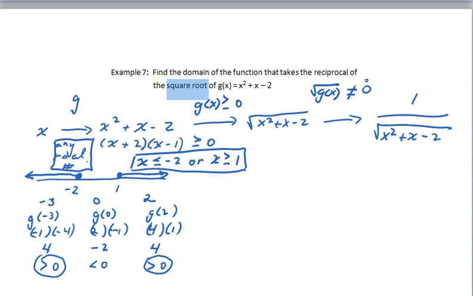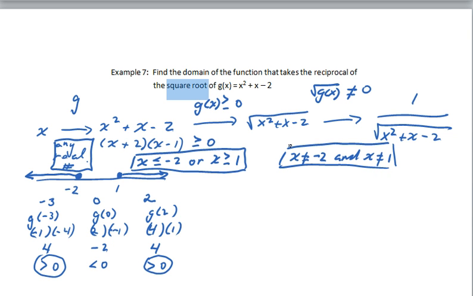And so we actually cannot include the two zeros. And so with this last restriction, we know x cannot equal negative 2 and x cannot equal 1.